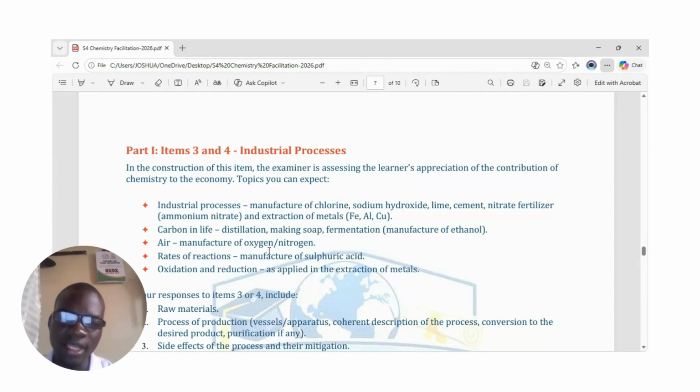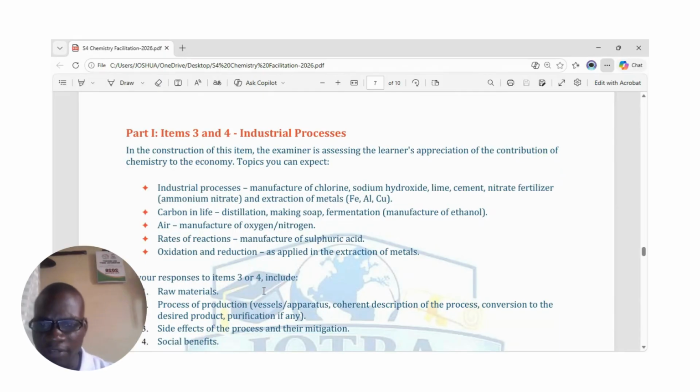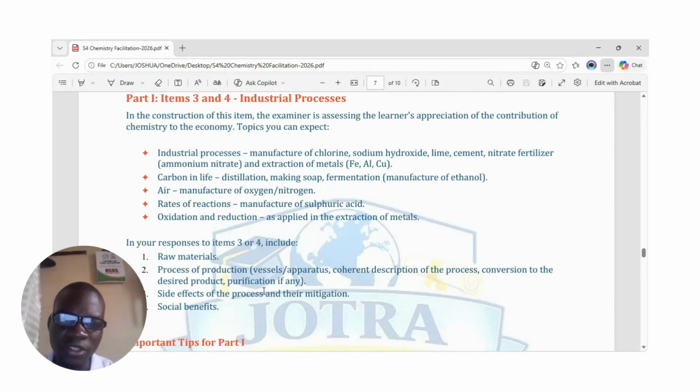Then coherence: we need a coherent description of the process. Then purification. That is how you are supposed to give the process of production. Then the third one is the side effects of the process. If you're talking about manufacture of chlorine, give the side effects of the manufacture of chlorine, and then give their mitigation. Then we have the social benefits, which is the last one.